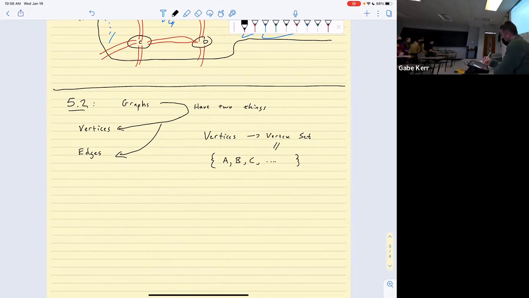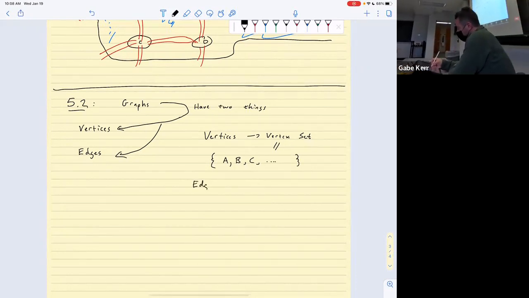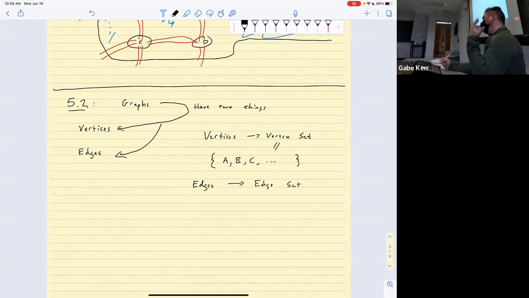And then you have your edge set. An edge set, you want to think of this as just labels identifying edges, but you can label the edges by the two vertices an edge connects.